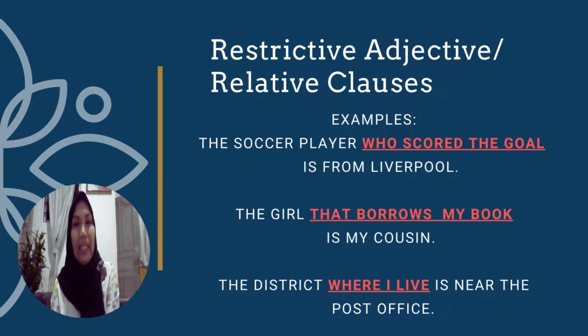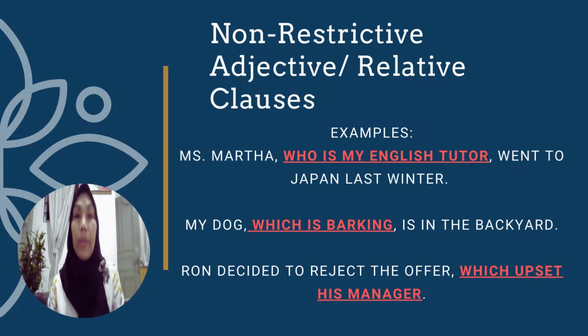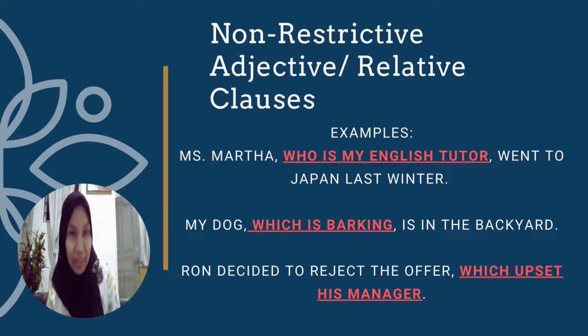The girl that borrows my book is my cousin. For the non-restrictive clause, for example: Miss Martha, who is my English tutor, went to Japan last winter. My dog, which is barking, is in the backyard.